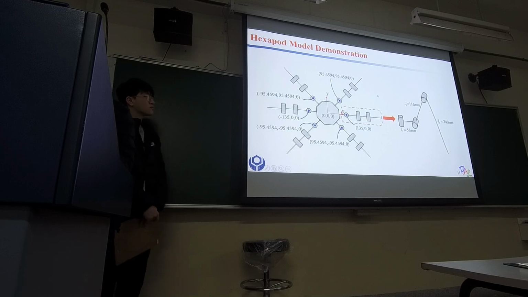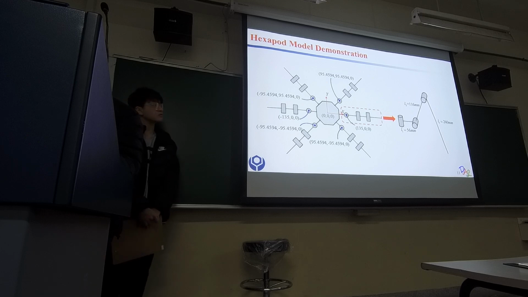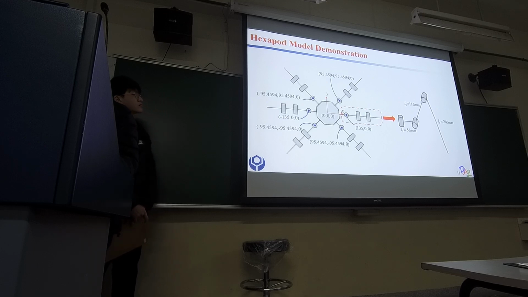Each leg consists of 3 revolute joints. The distance between joint 1 and joint 2 is 56 millimeters, between the second and the third is 160 millimeters, and between the third joint and the end effector is 240 millimeters.